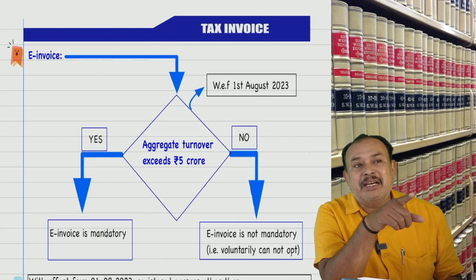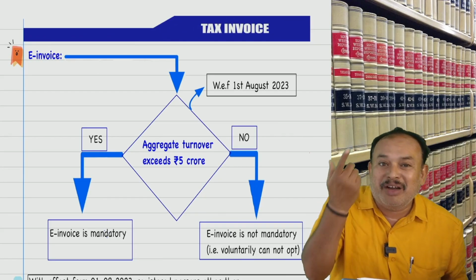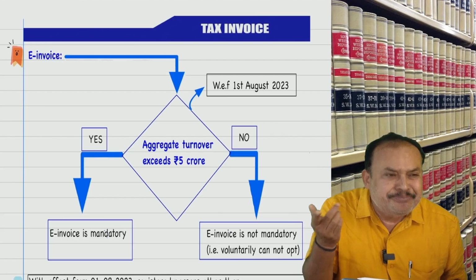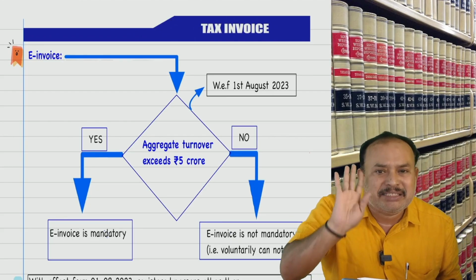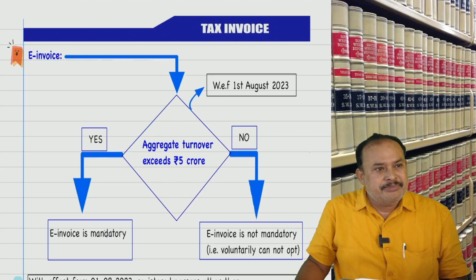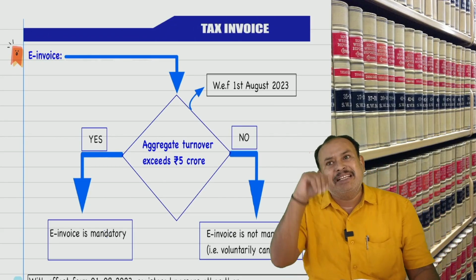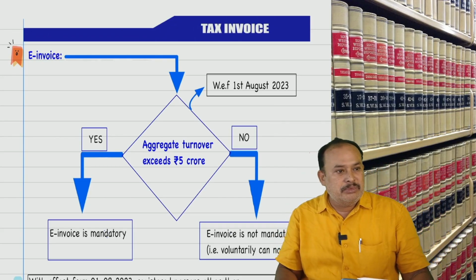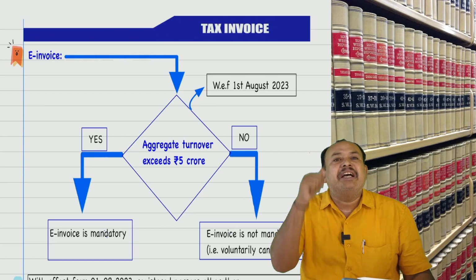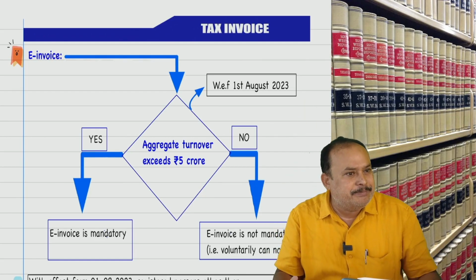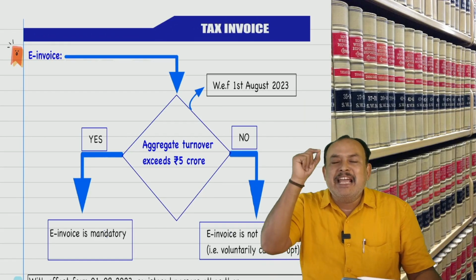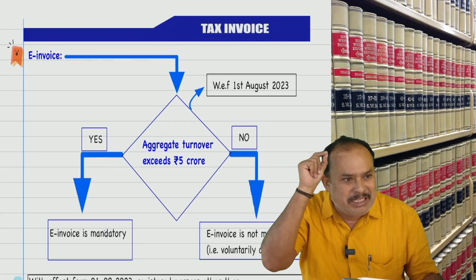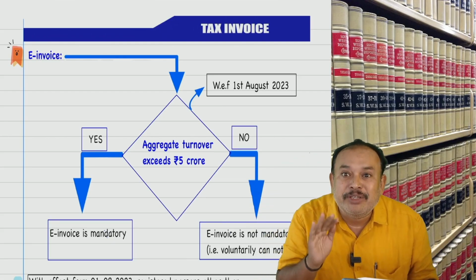Such a supplier, instead of issuing the e-invoice to his buyer, issues only a tax invoice. Can the buyer avail the input tax credit? No. It is a waste paper in the hands of the buyer. E-invoice is mandatory for the supplier, but he issued a tax invoice.